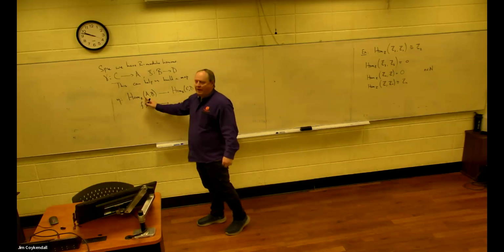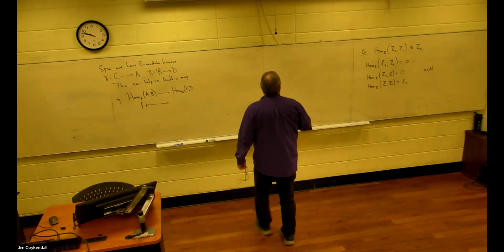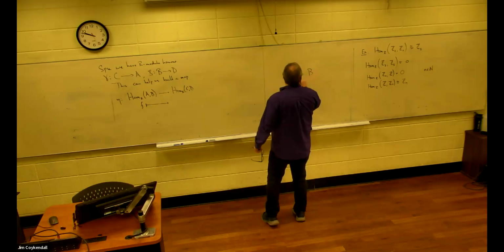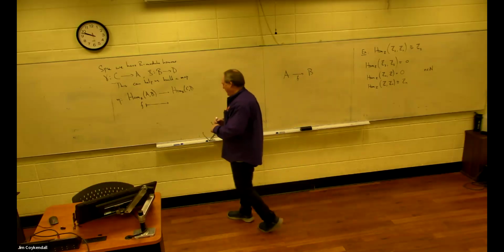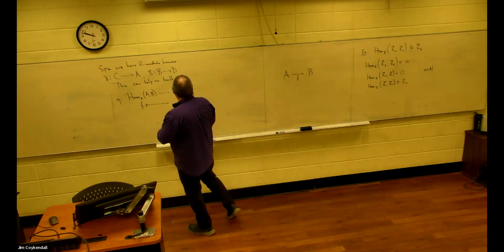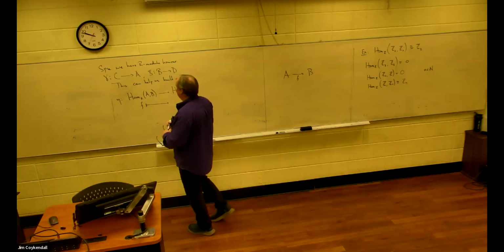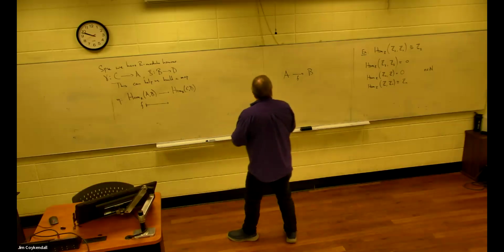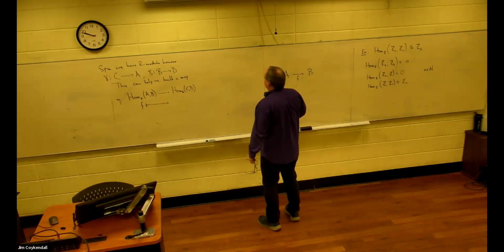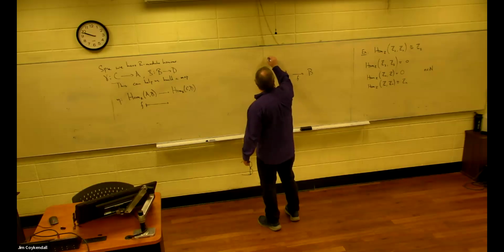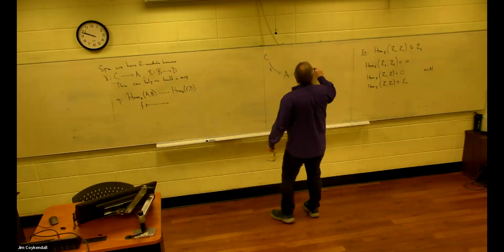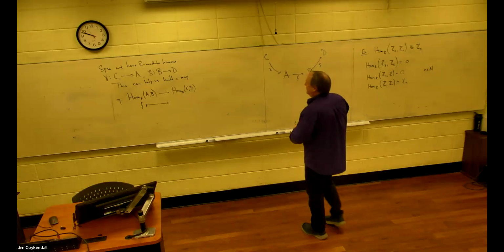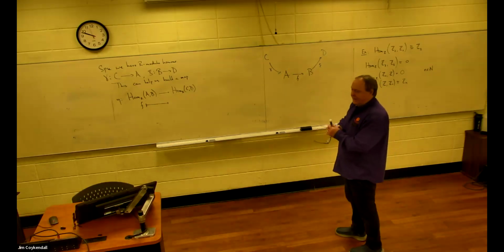I've got this input here, a homomorphism from A to B. I'm trying to use F and these tools up here to get a homomorphism from C to D. And here's what I know: I've got gamma here, and I've got tornado here.